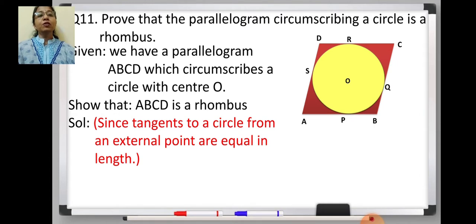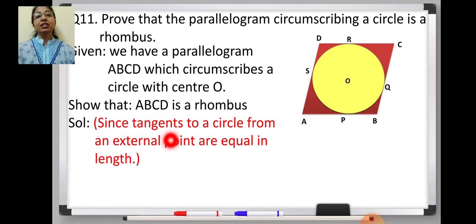Now with respect to this circle with center O, where do these 4 points lie? A, B, C and D. They lie in the exterior of the circle, and we know from the exterior points we can draw at most 2 tangents to the circle, and they both are equal in length.